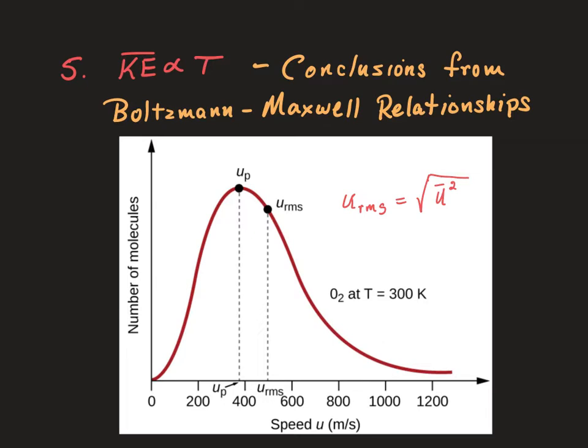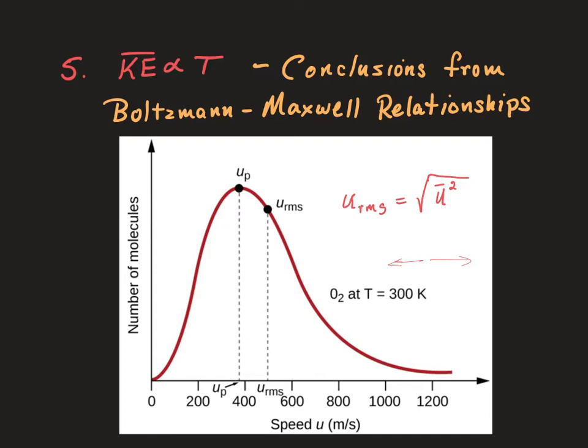Now, remember molecules are moving in all directions. And so the average velocity of the molecules of a container of gas is 0, because for every molecule that's moving this direction, there's a corresponding molecule moving that direction. And so they cancel each other.